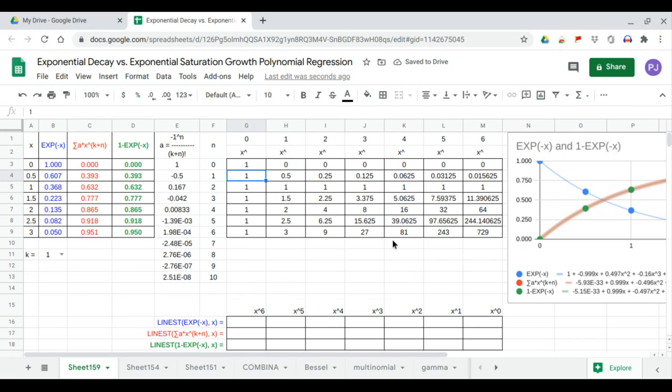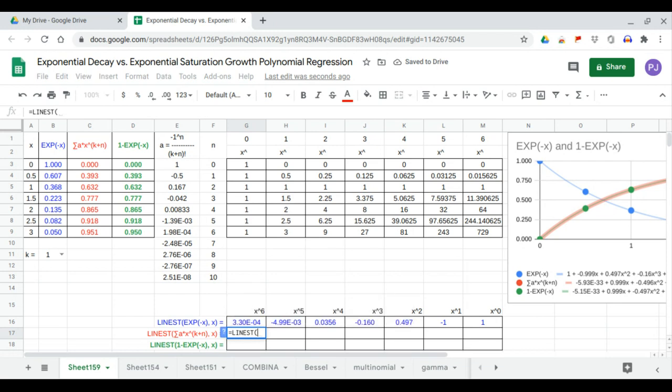Now that we have the 1 comma x matrix, we can now calculate Linus. So Linus, starting with the decay, data y, and data x. And the Taylor series expansion.